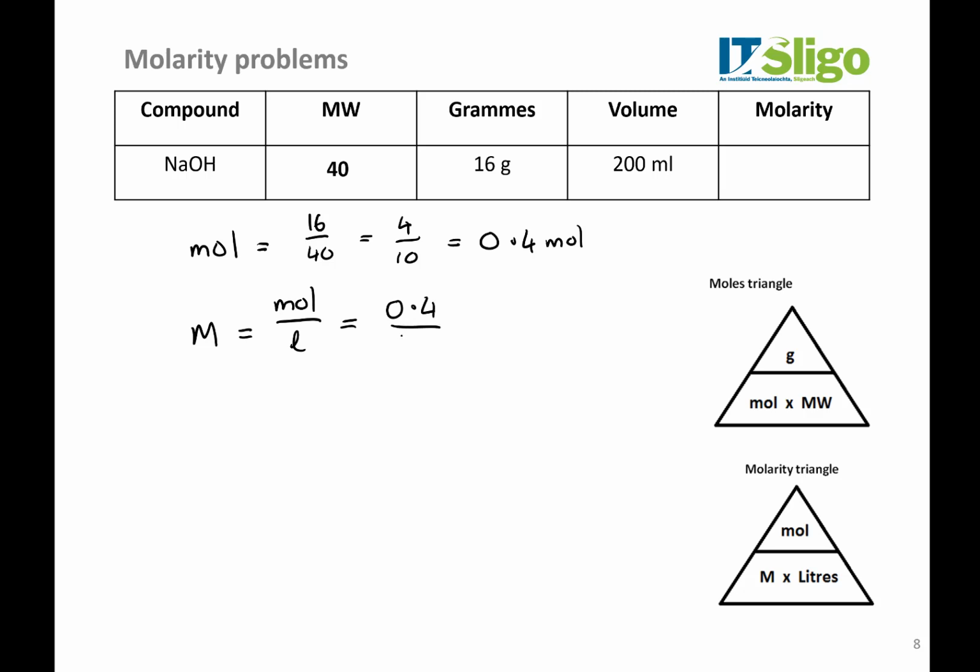Liters, guys, 200 mils converted to liters is 0.2. Multiply top and bottom by 10. So the molarity of the solution is 2 molarity. 2M, capital M. And that's our answer.